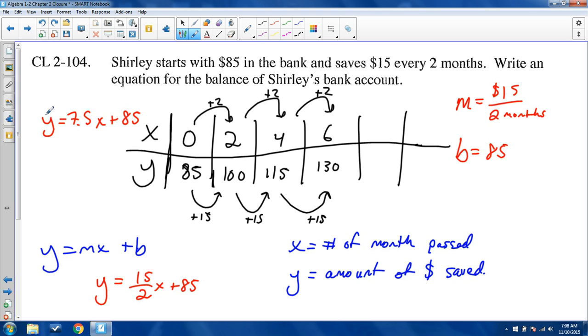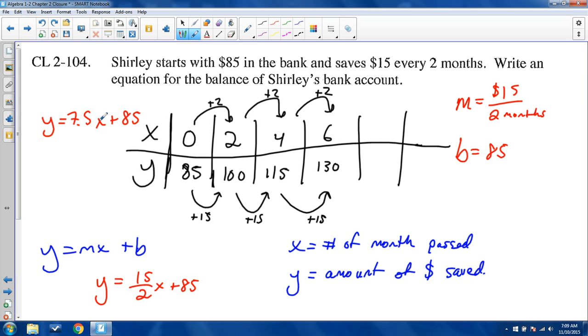So let's check and see if this equation pans out, if this makes sense. You start at $85. So every 2 months she saves $15. How much do you imagine she saves every 1 month? Well, half of 15, 7.5. So when x equals 1, you're going to add $7.50, 7.5 times 1, to your 85.